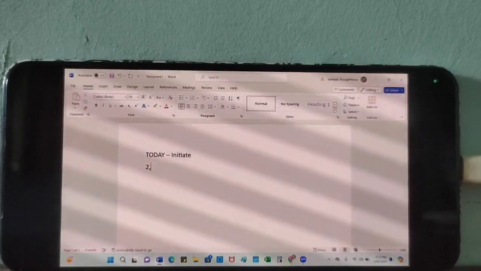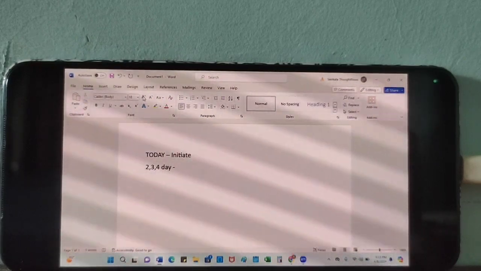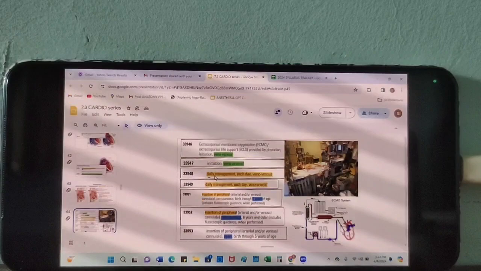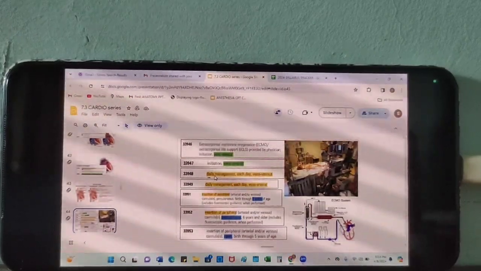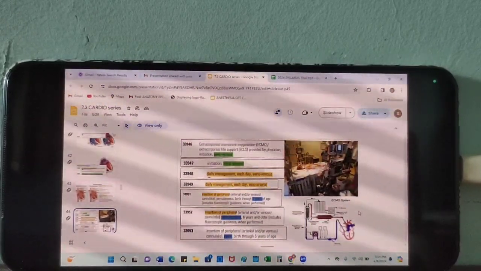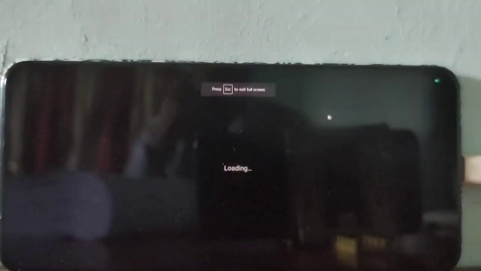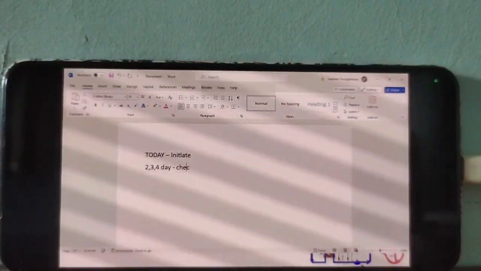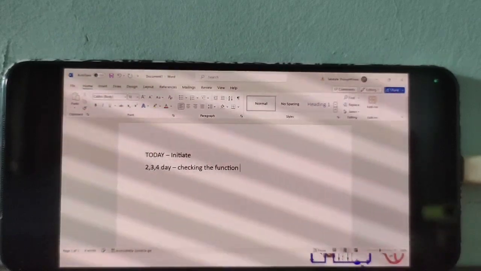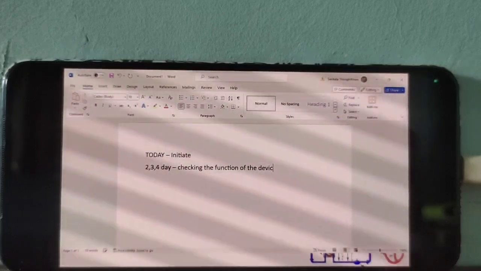From the second, third and fourth day, the doctor just checks the function of the device. That is called management. Daily management is nothing but the doctor checking whether the device works or whether there is any complication.